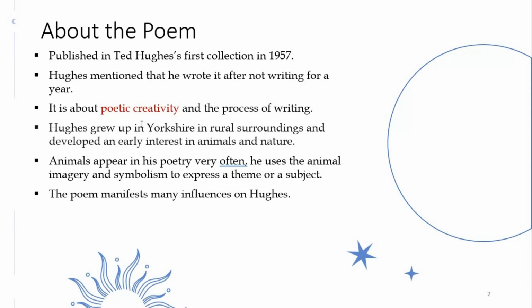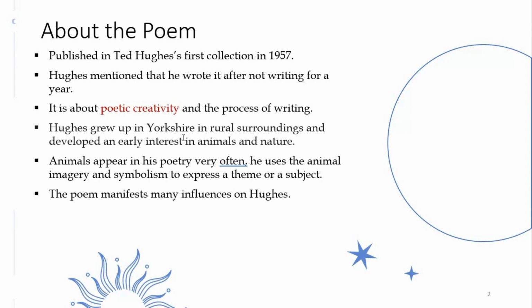This is really one of the concerns of poets throughout the ages. The process of poetic creativity, to what extent the poet is able to maintain his ability to write, is something that really concerns poets.